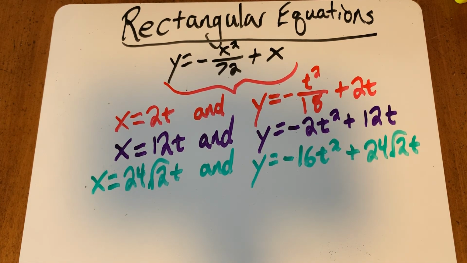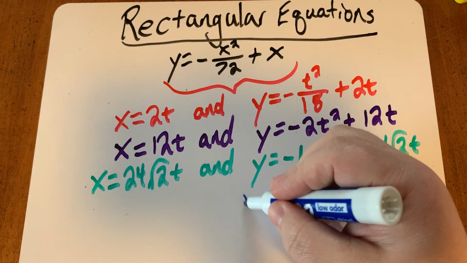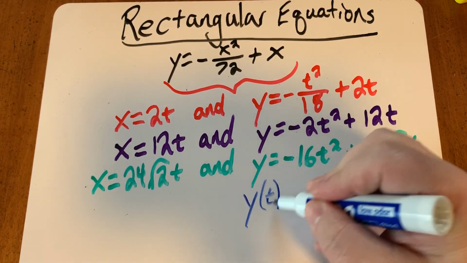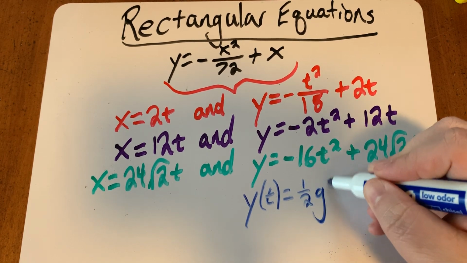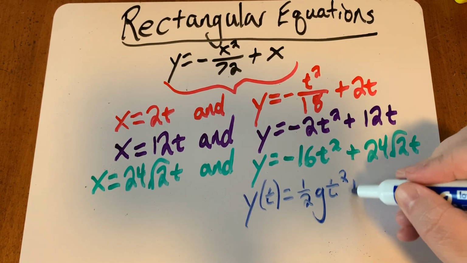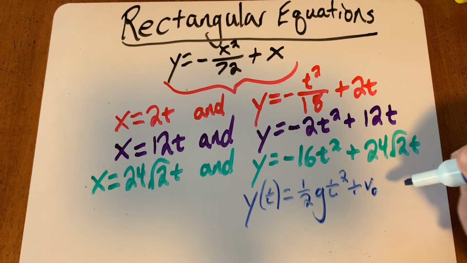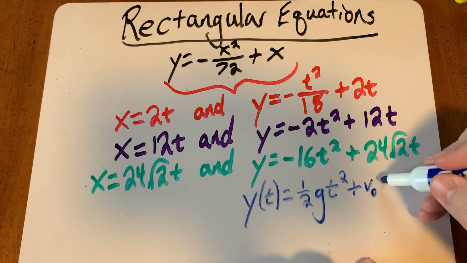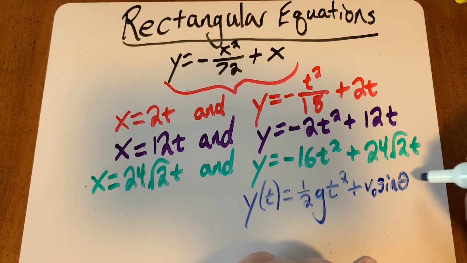If you think back to physics with projectile motion, the height of an object thrown was y of t equals 1/2 times gravity times the time squared plus the initial velocity times the sine of the angle it's thrown at plus your initial height.